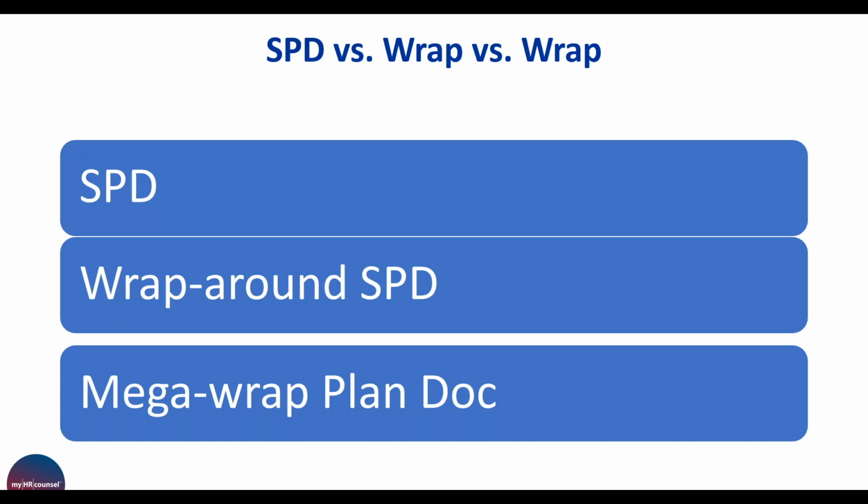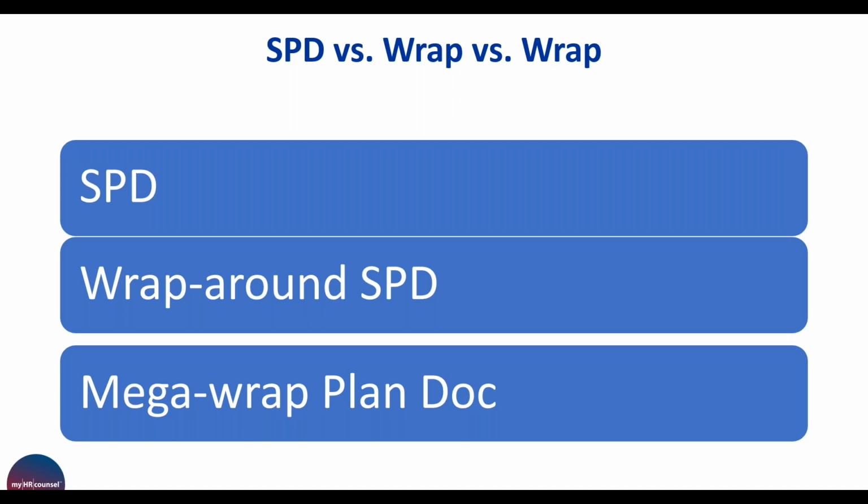So summary plan description, the first one, that's kind of what I've been alluding to in general. In terms of these documents, it's just a generic term that we use, but there's theoretically 3 different types of summary plan descriptions. The first one is one single plan summary plan description. It tells you the benefits of one plan and one plan only.